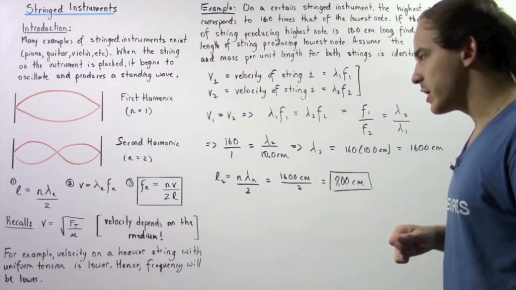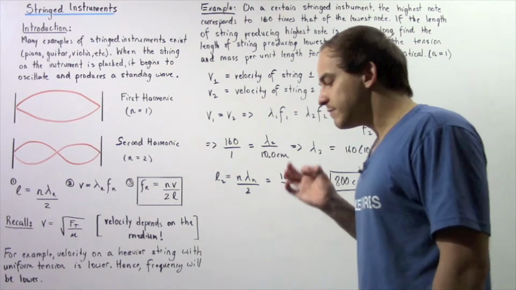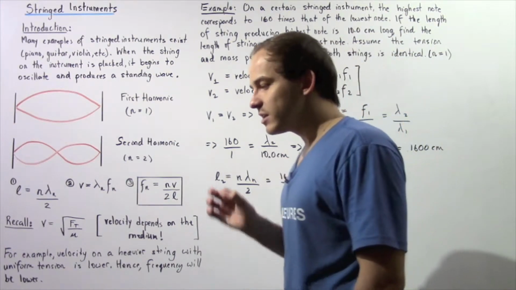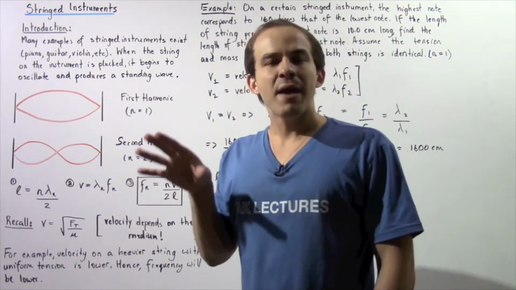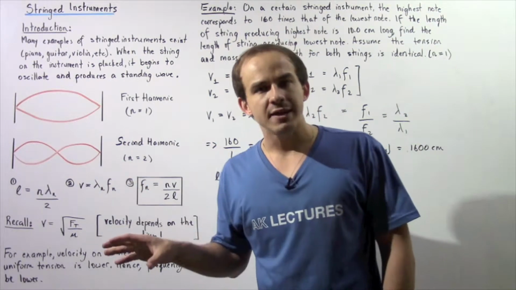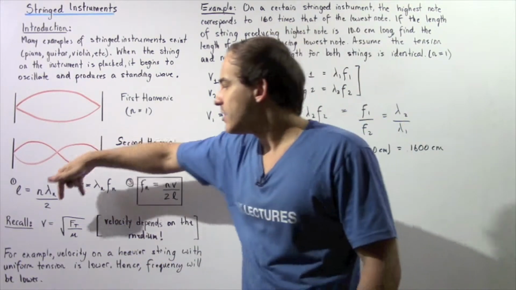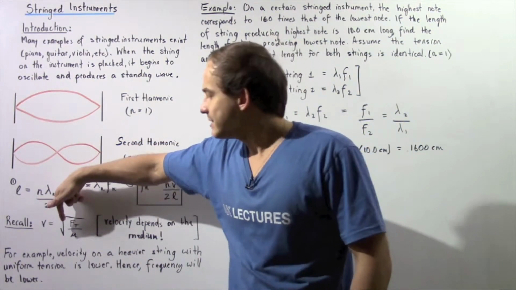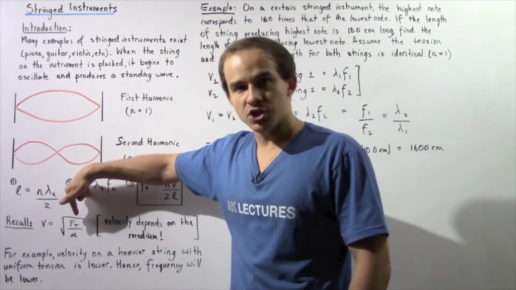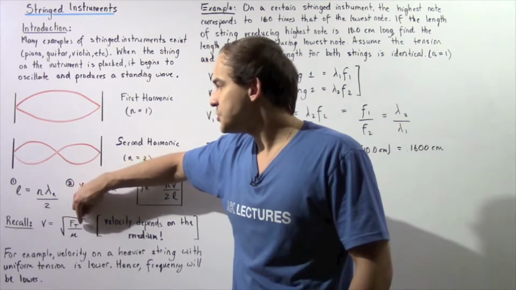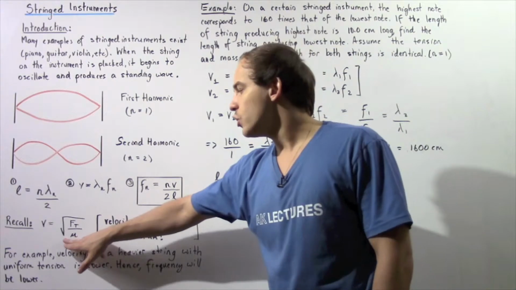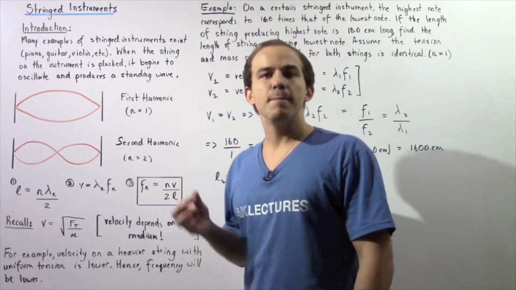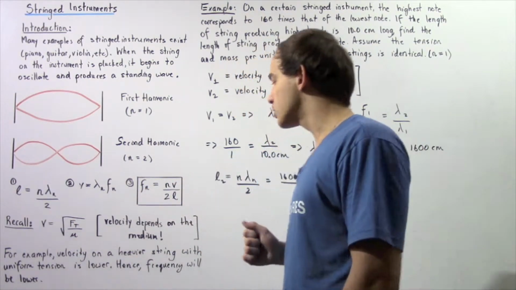Now, recall that the velocity of a mechanical wave only depends on the type of medium that we're using. And the equation is given by taking the square root of the ratio of the tension Ft in the string to mu, where mu is the mass per length of our string.